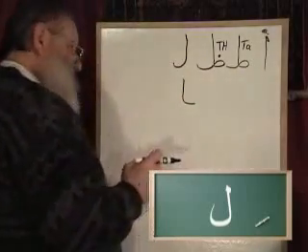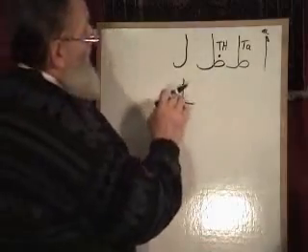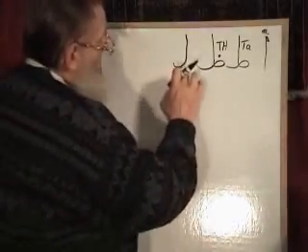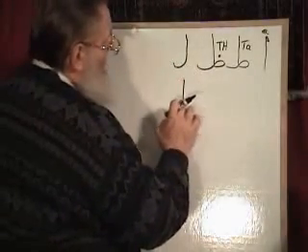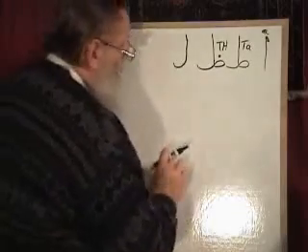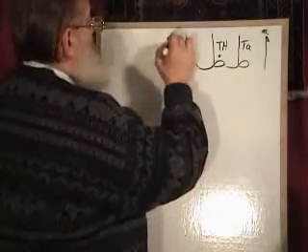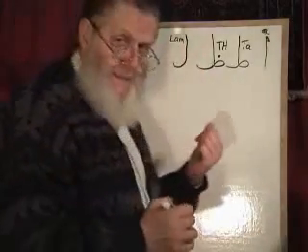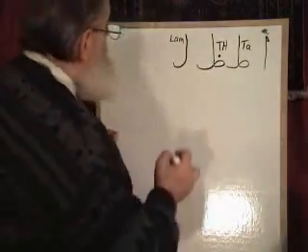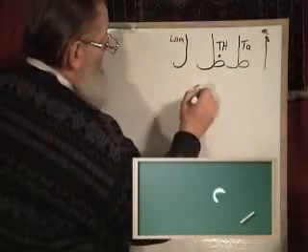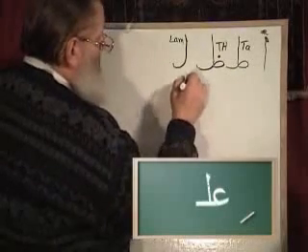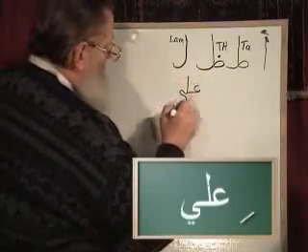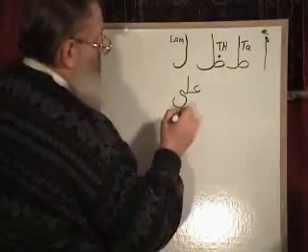The sound of L in Arabic comes from this letter, which is the exact opposite of the English letter L, and this is called lam. We mentioned it a little while ago in another segment when we made the connection between the Ain, the Lam, and the Fat Ya.